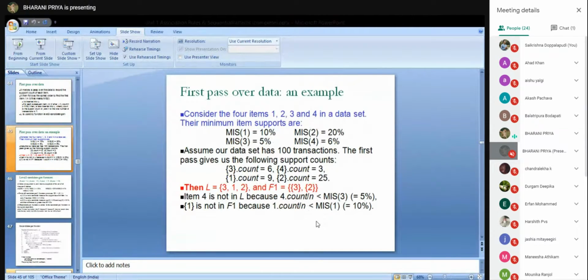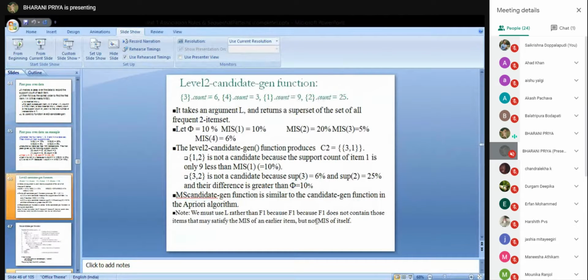Then after generating F1, you generate C2, and in C2 also you check whether they are frequent or not, and you also apply the constraint of 5 over it. Is this point clear?